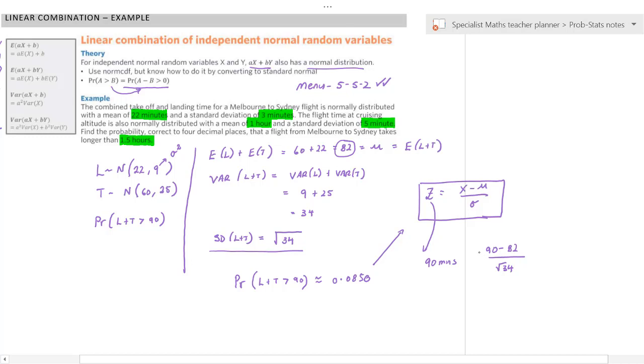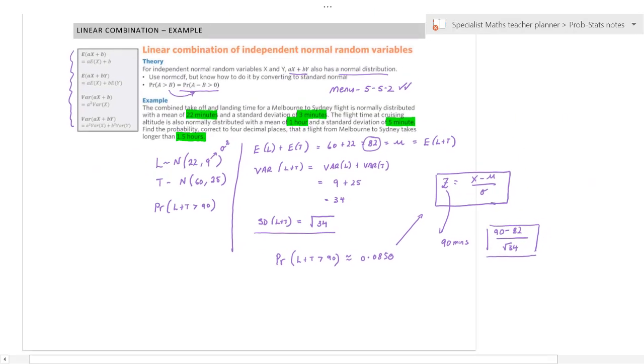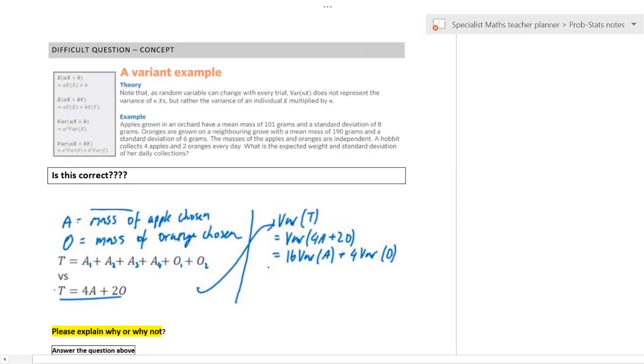It'd be a bit of a pain. Don't go wasting your time doing that sort of stuff. I hope that made sense, or you might need to pause it and have a look at it again.